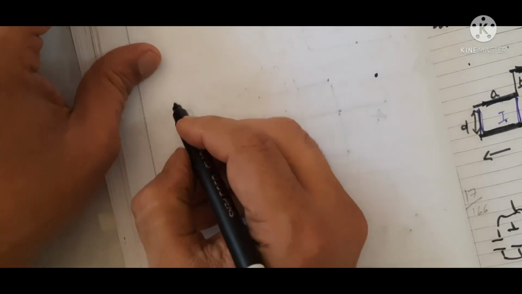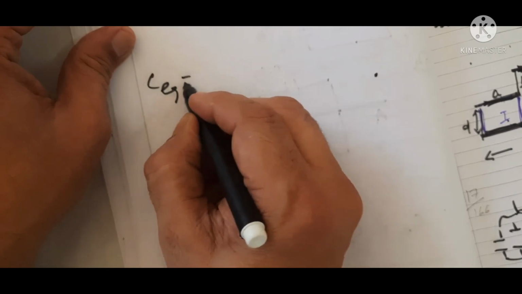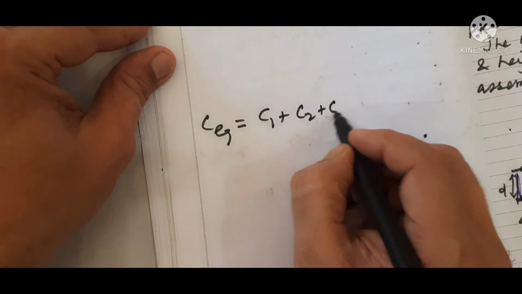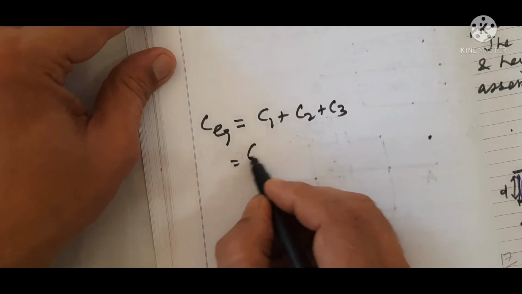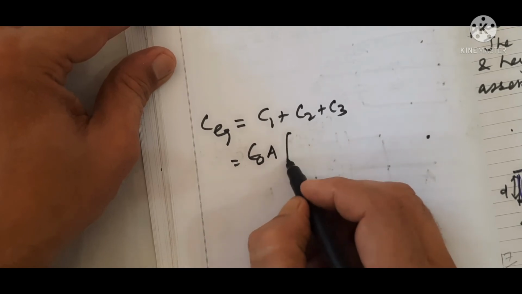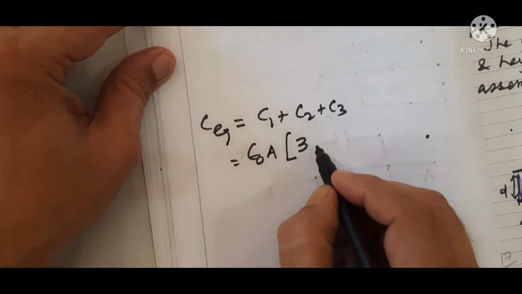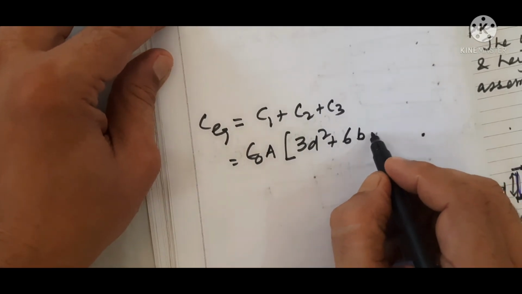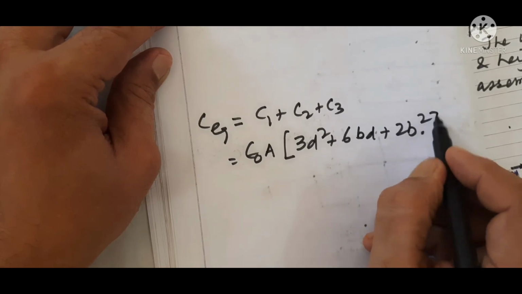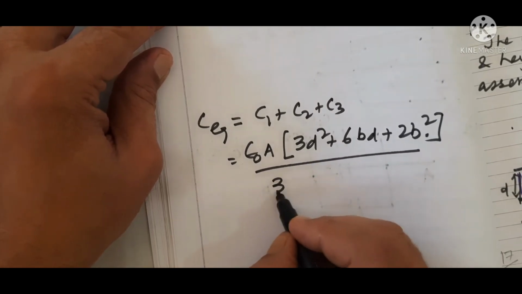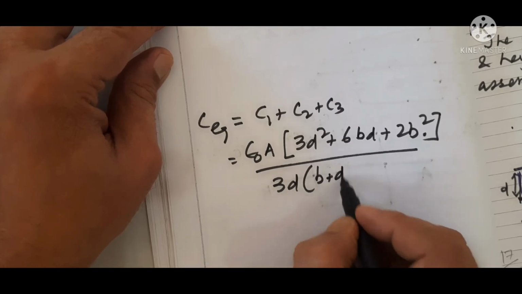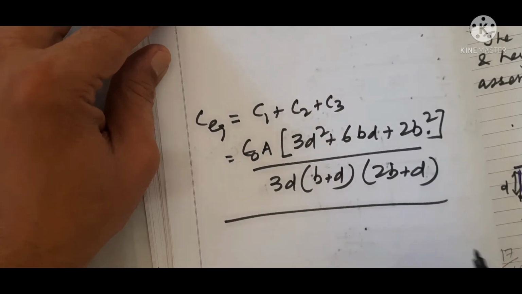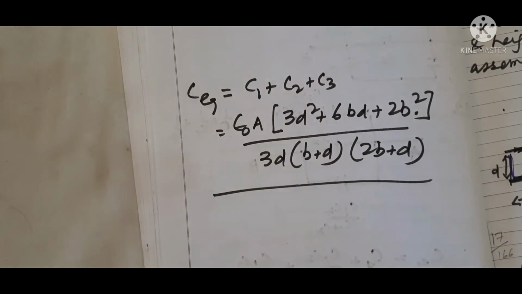After adding, we get C equivalent is equal to C1 plus C2 plus C3. Epsilon naught A, put the value and take the common, and just calculate: 3D square plus 6BD plus 2B square. We have taken the common, 3D, B plus D and 2B plus D. That should be the value of the equivalent capacitance.